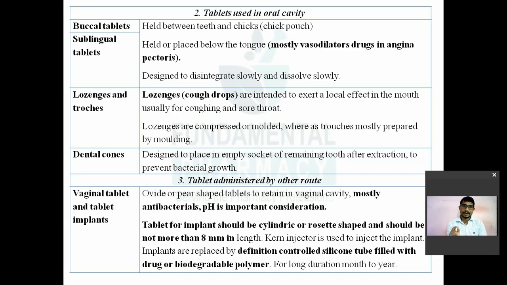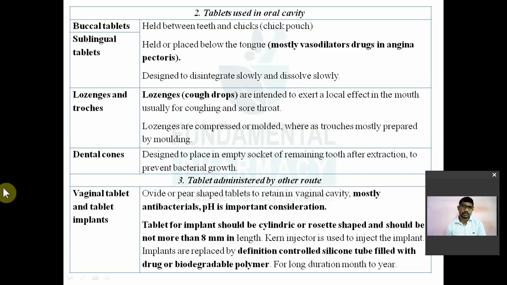Those kinds of tablets are formulated as sublingual tablets to give immediate relief from anginal pain. So the tablet is held or placed below the tongue, and mostly vasodilator drugs, nitroglycerin and isosorbide dinitrate, are given by this route.